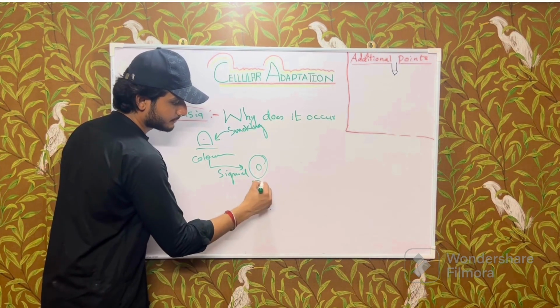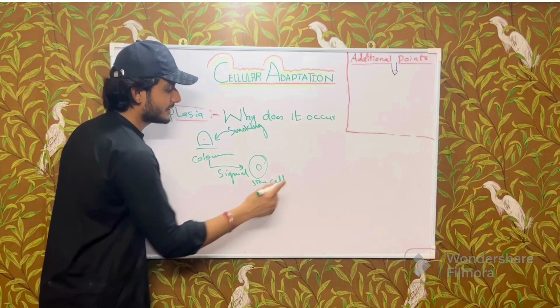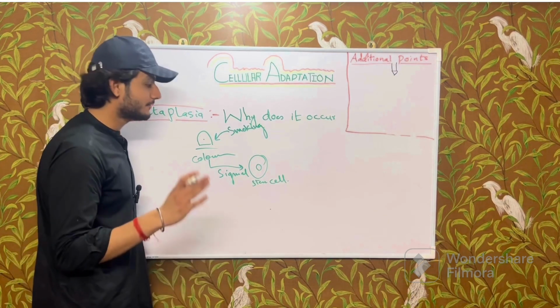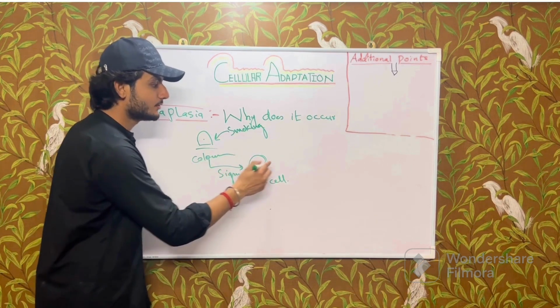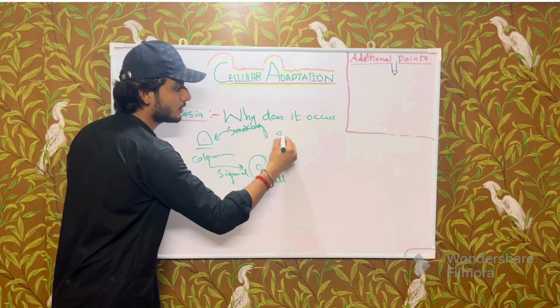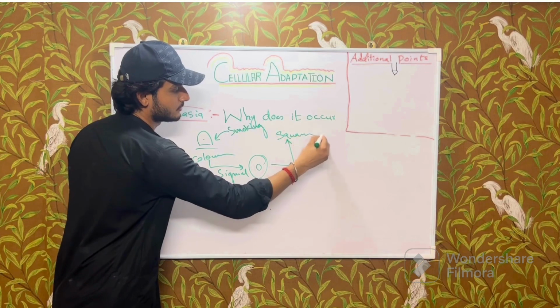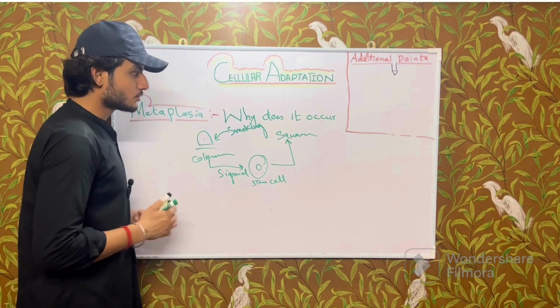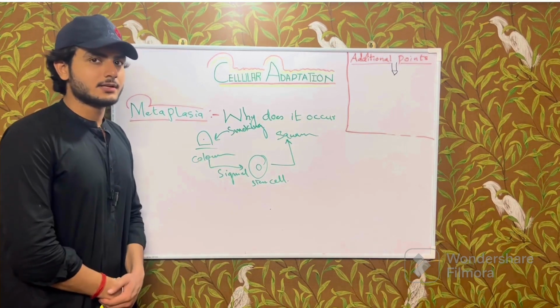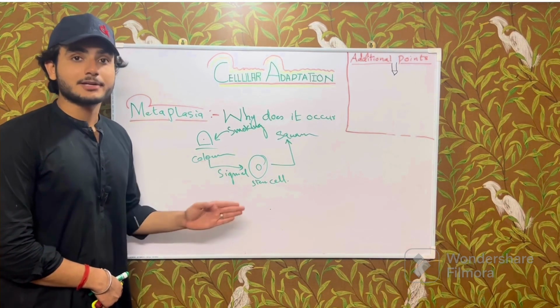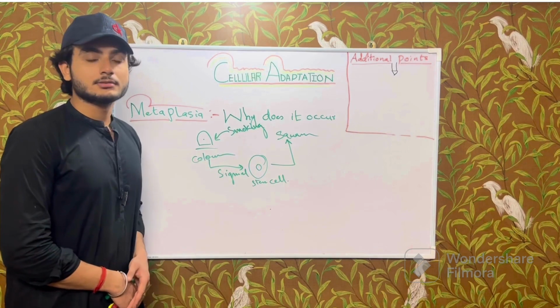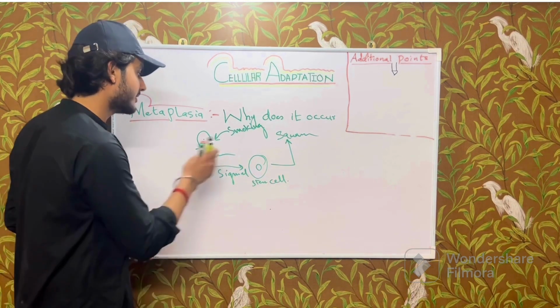And these stem cells, instead of getting converted into the columnar cell, get converted into the squamous one. Okay. So what is the advantage of a squamous cell? Now these squamous cells can withstand the impact of smoking. Okay. This must be clear to you.